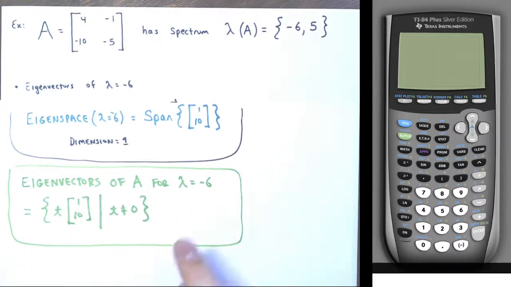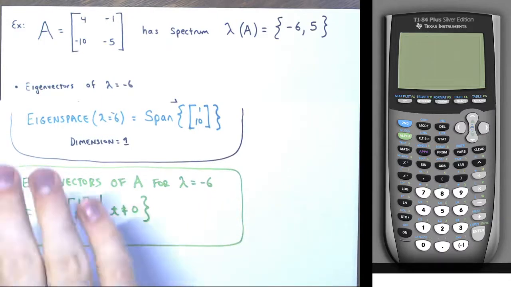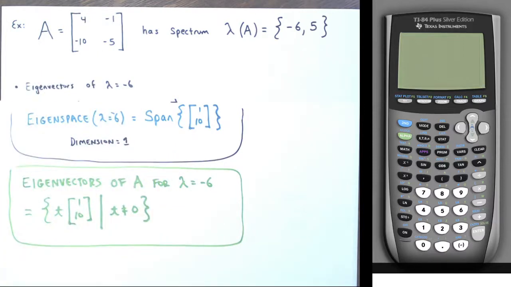The -6 and the vector (1, 10) are an eigenpair of matrix A. But not only that, -6 and (2, 20), or (1/2, 5), or (1/3, 10/3). Just any multiple of (1, 10) with -6 will also be an eigenpair, will also satisfy the equation in question. Great. All right. So that was for -6, and I'm going to do the same for 5 real quick.